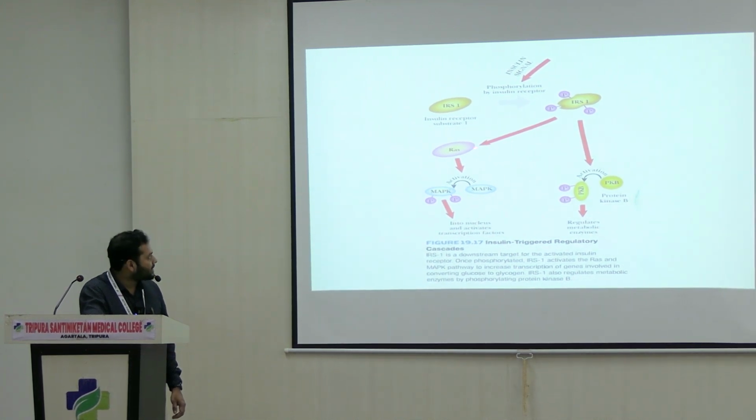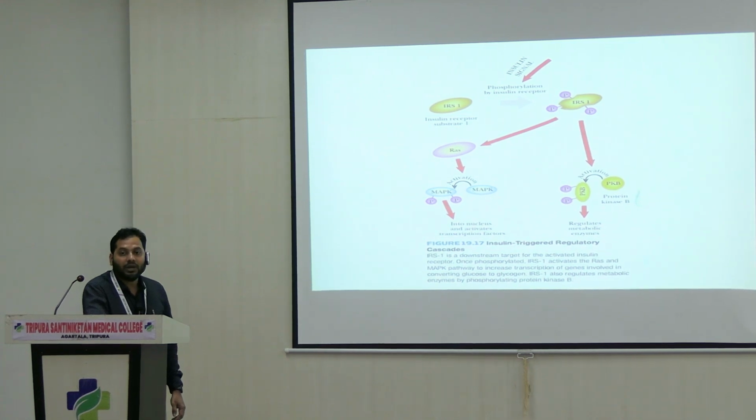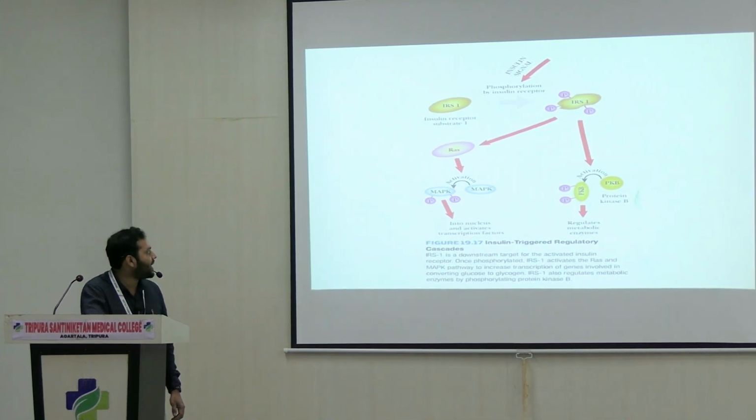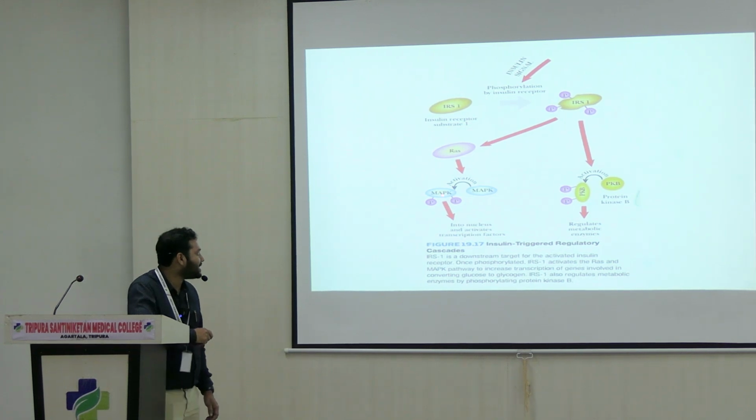So in this signaling cascade, it first phosphorylates the RAS proteins, and after the phosphorylation of RAS proteins, how is it phosphorylated? Like previous ones, the RAS also has a higher affinity towards the IRS. So due to the higher affinity of RAS, it binds to this IRS. Ultimately, it activates the RAS, and RAS activation leads to the activation of the inactivated form of MAPK, that is mitogen activated protein kinase or MAPK, and phosphorylation takes place.